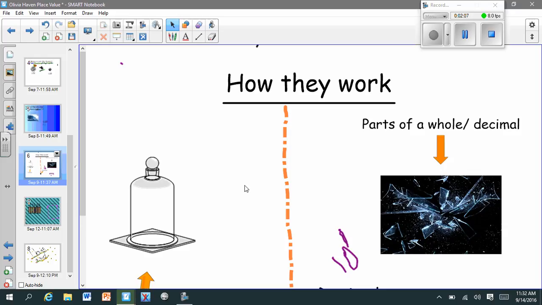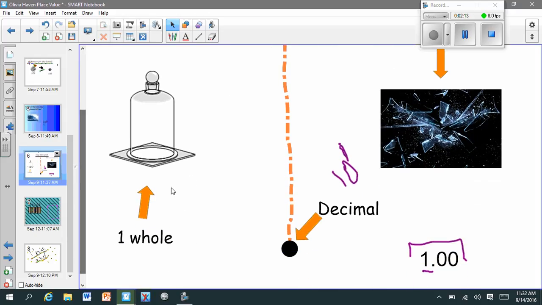I'm going to use a jar, for example. Let's say I had one jar, which is one whole, okay? And let's say I threw that jar at the floor and smashed it and broke it into 10 pieces. Then, if I picked up one of those 10 pieces, it would be 1/10, which I will show you how to write right here.